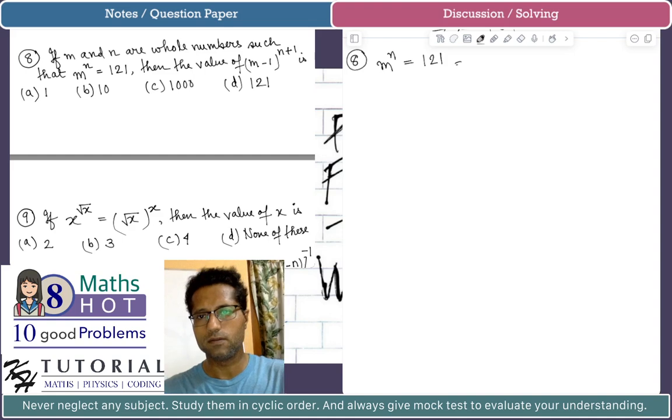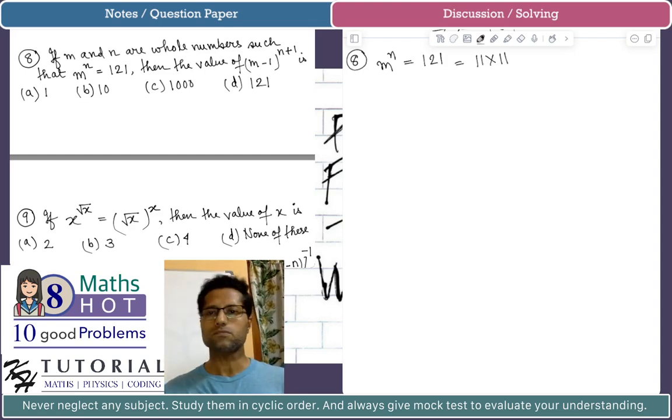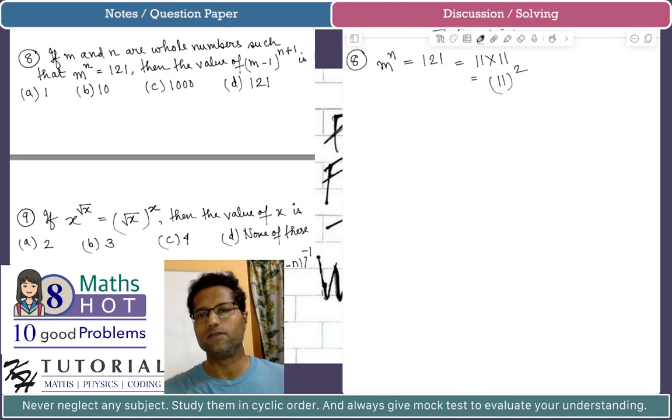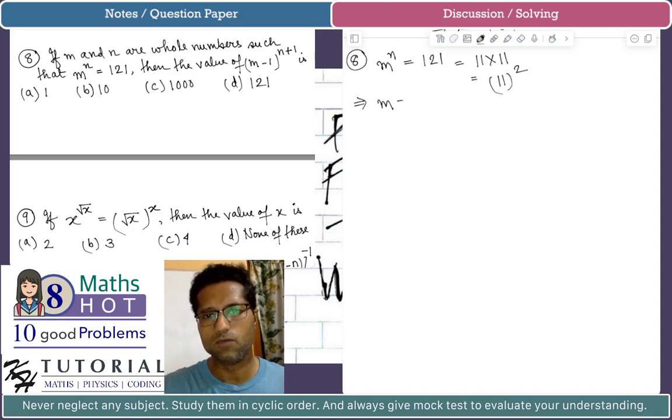Okay, now m to the power n is equal to 121. We have to convert the 121 into exponential form, and we know that 121 is 11 into 11. So the prime factorization of 121 is 11 into 11. So this we can write as 11 square. So definitely this will mean that m is equal to 11 and n is equal to 2.